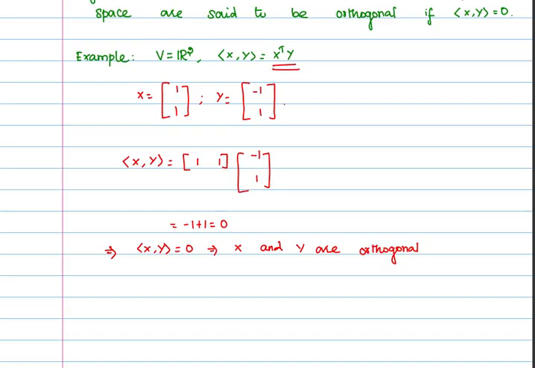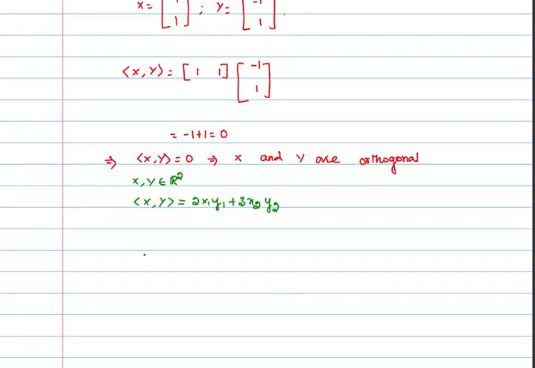Now the same vectors, but I simply change the inner product only. Suppose my inner product of x comma y, where x and y belong to R2, is defined as 2 times x1 y1 plus 3 times x2 y2. What will happen? My x and y are the same: x equals the column vector 1, 1 and y is the vector minus 1, 1.